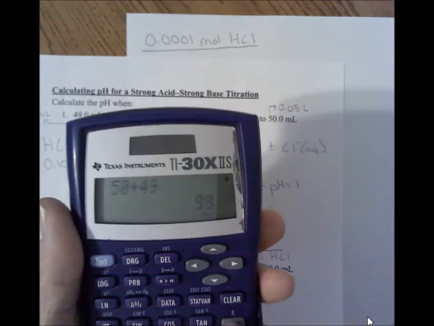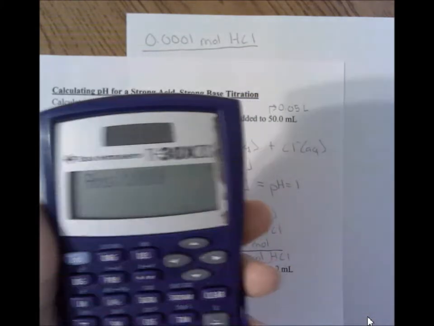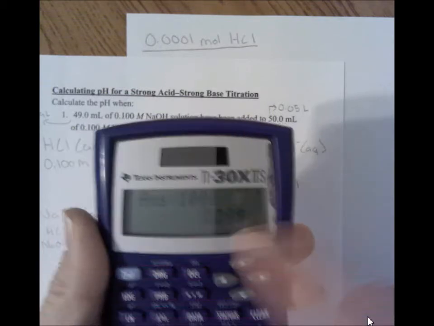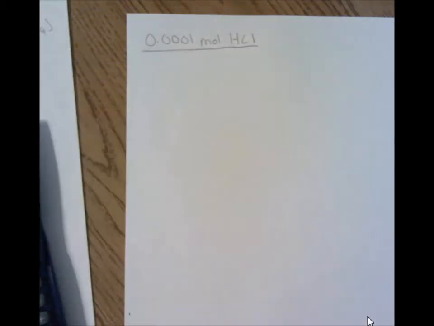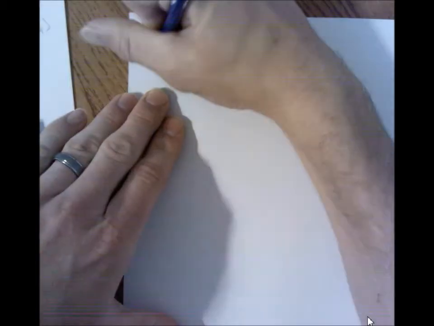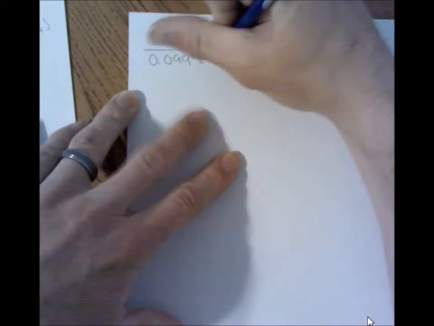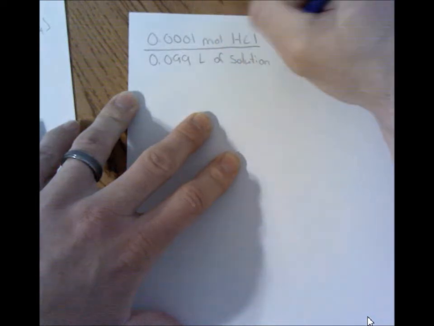So I'm going to divide this by 1,000, and this gives us our number of liters total in solution. And I'm going to actually write that down. So this is 0.099 liters of solution. This is total solution after we've added everything together.